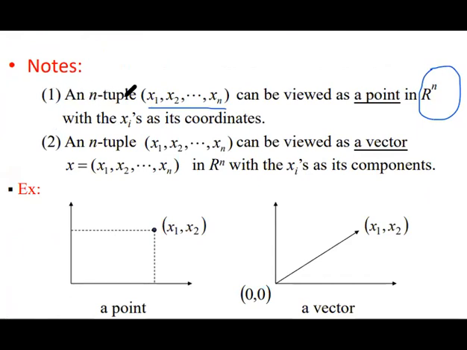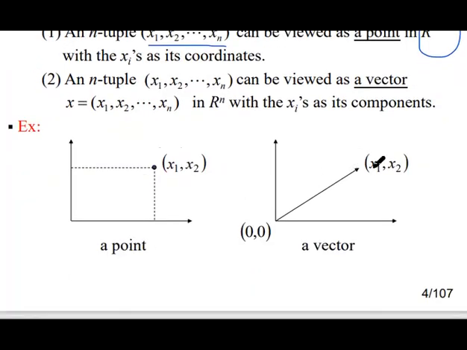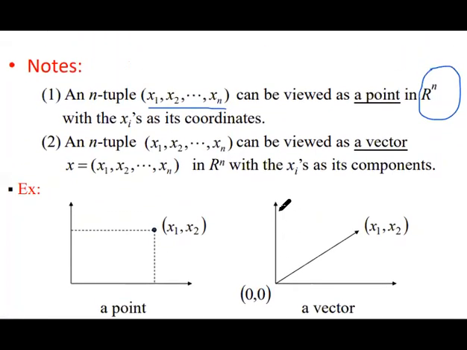Similarly, an n-tuple can be viewed as a point in Rn space with xi as its coordinates, or as a vector in Rn space. Point or vector, both are the same.